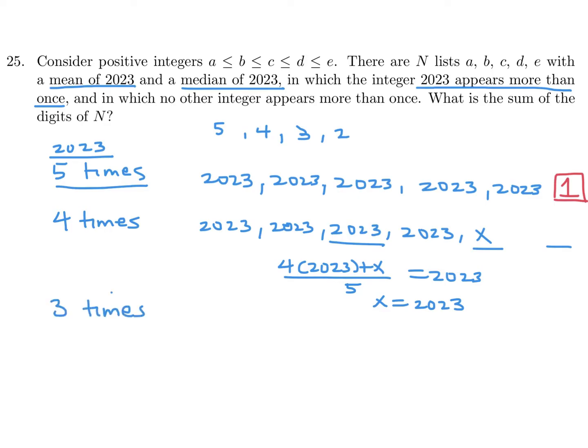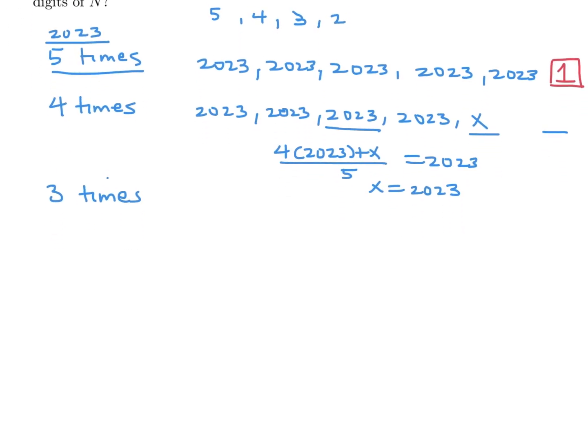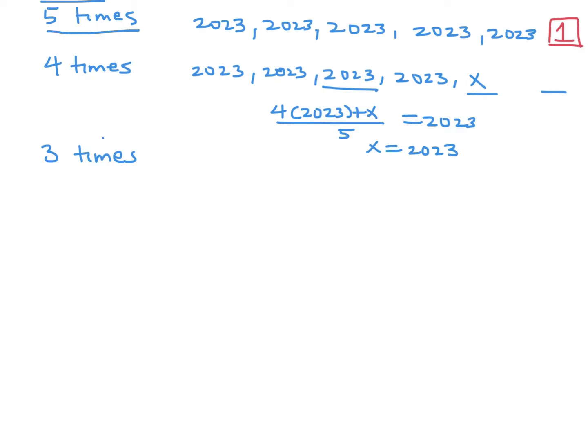Now 3 times is a little bit different, because there's 3 scenarios in how that can be done. The first scenario is if the 2 numbers, let's say they're A and B, are the smallest. So you have this kind of scenario, like that.